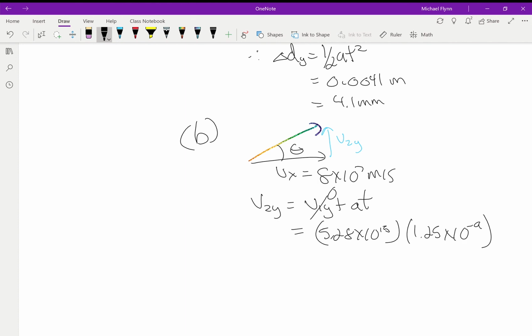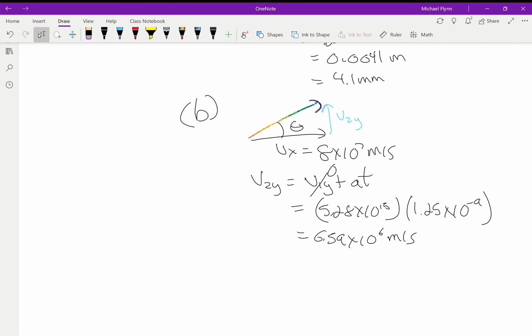See, I told you we did all the work for this. So now we just can use the numbers. So it's going to be that number times 1.25 exponent negative 9 equals. I get 6.59 times 10 to the 6 meters per second. All right, so that's V2y.